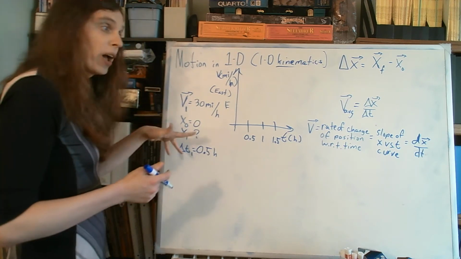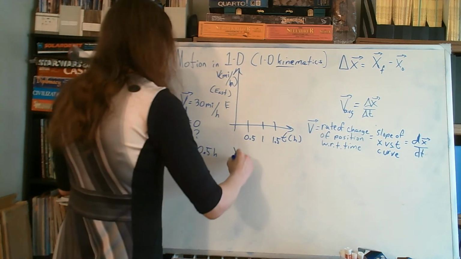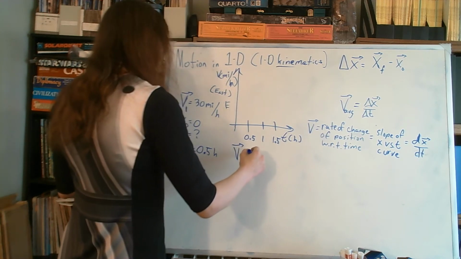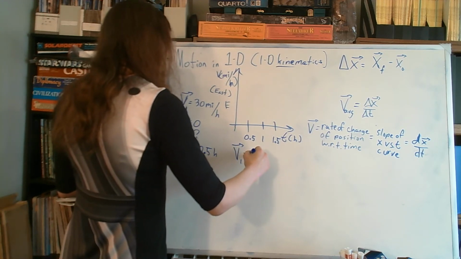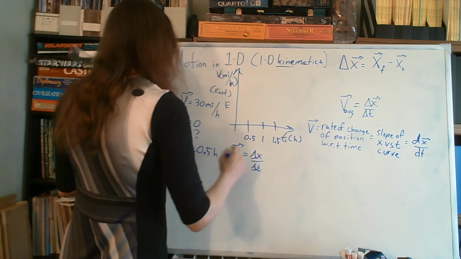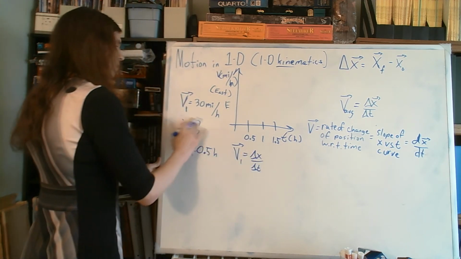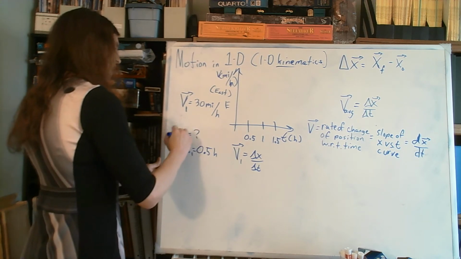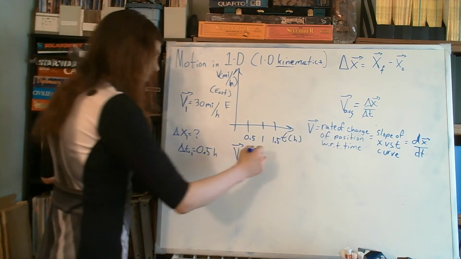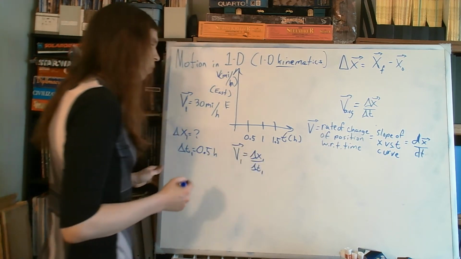And so we go ahead and start off and say, all right, velocity v1 in this case is change in position over change in time. Let's say that we're trying to find the change in position 1, with change in time 1.